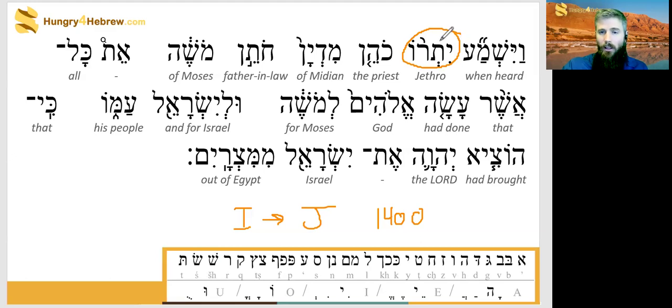It's Yitro. The Tav here has no dagesh in it, so it should be soft. Remember, Tav is a begad kefat letter, and without a dagesh it's supposed to be a softer pronunciation, and with a dagesh a harder one. But in modern pronunciation we don't do that anymore. In Ashkenazic pronunciation there is still a difference: Tav without a dagesh is an S sound, and with a dagesh it's a T sound.